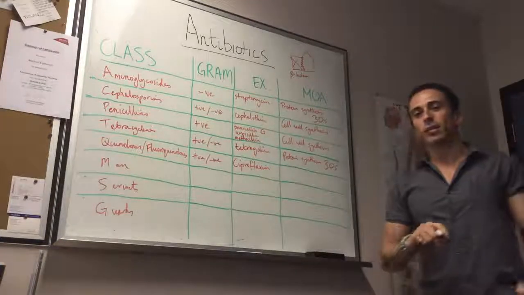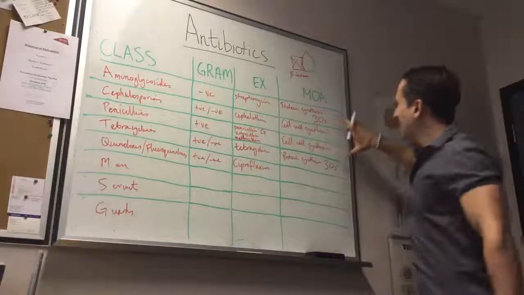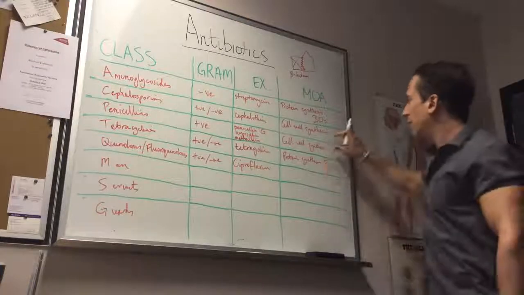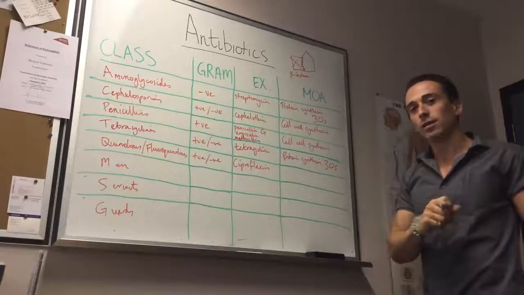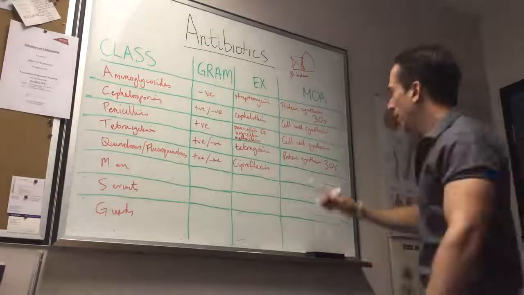Now, what's the mechanism of action of quinolones and fluoroquinolones? All we've spoken about so far is inhibition of protein synthesis and inhibition of cell wall synthesis. This one's different. This is inhibition of DNA replication.